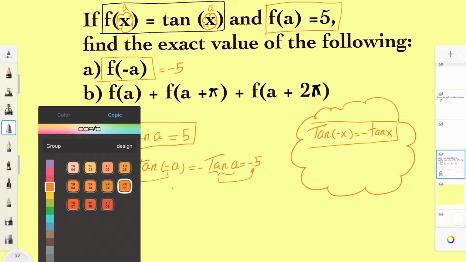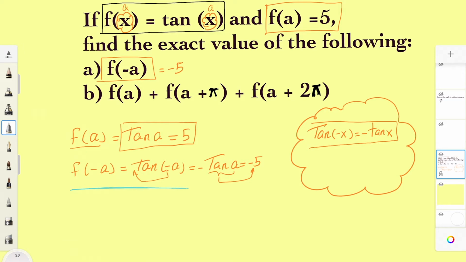Now let's solve part B. Part B, we have f of a. They ask us f of a plus f of a plus pi plus f of a plus 2 pi.